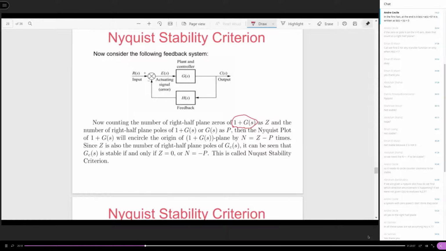But now I want to count the right half plane zeros of 1 plus g of s, and I'm going to indicate this number as z.